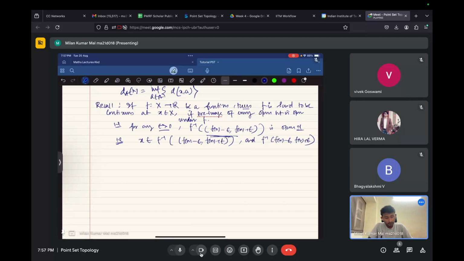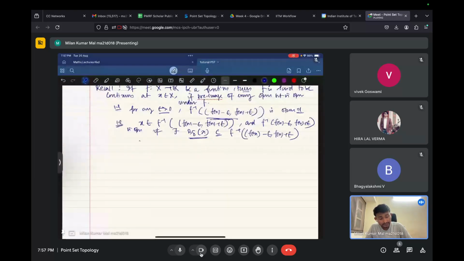And this will be open if there exists a B delta x, the neighborhood of radius delta centered at x, that is sitting inside f inverse of that interval. So what I need to prove is that for any z belonging to this B delta of x, f of z should be sitting inside f of x minus epsilon to f of x plus epsilon, right?